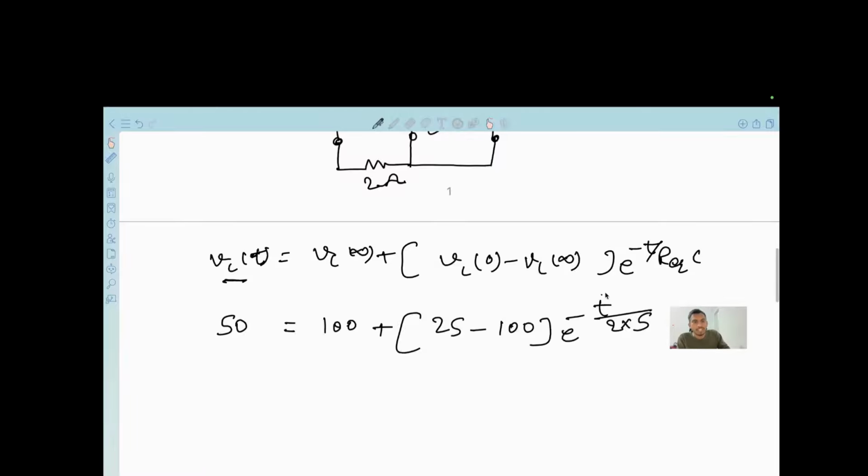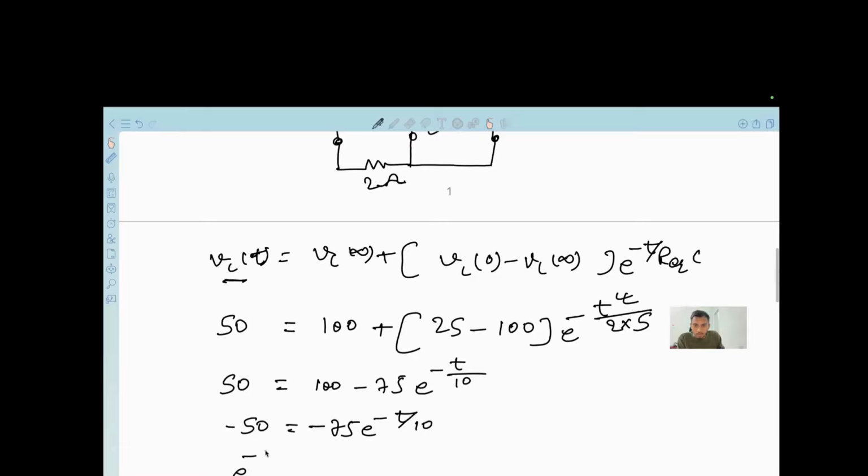We have to calculate this t. It is minus 75 e to the power minus t by 10.